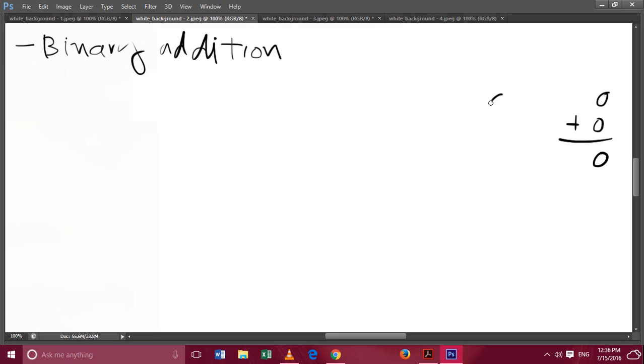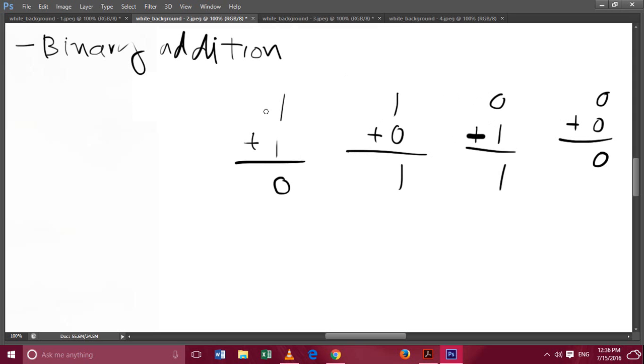If we add 0 plus 1, this is supposed to be 1. If we add 1 plus 0, that is supposed to be 1. And if we add 1 plus 1, that is supposed to be 0, and you carry the 1 to the following bit. It's essential that we understand these rules before we move on to talk about overflow.